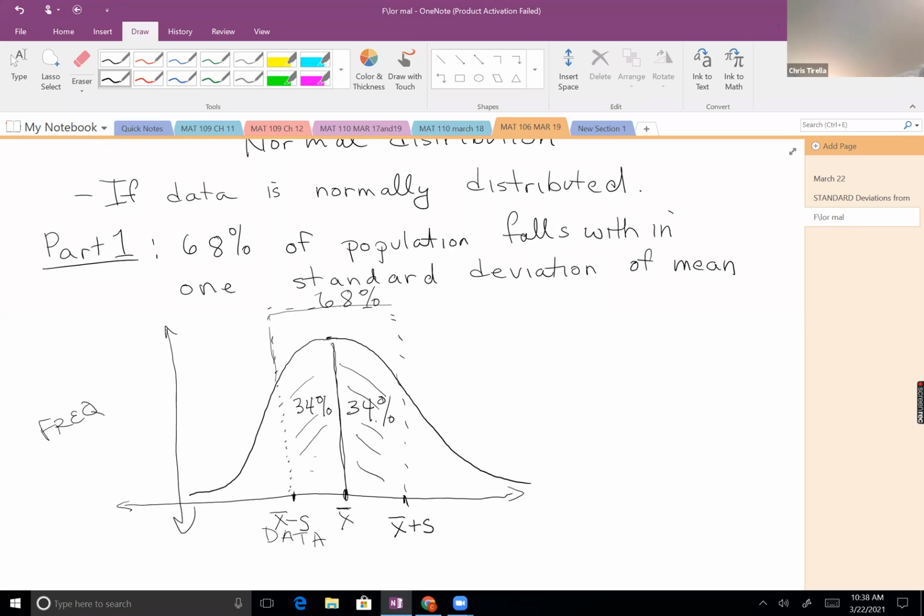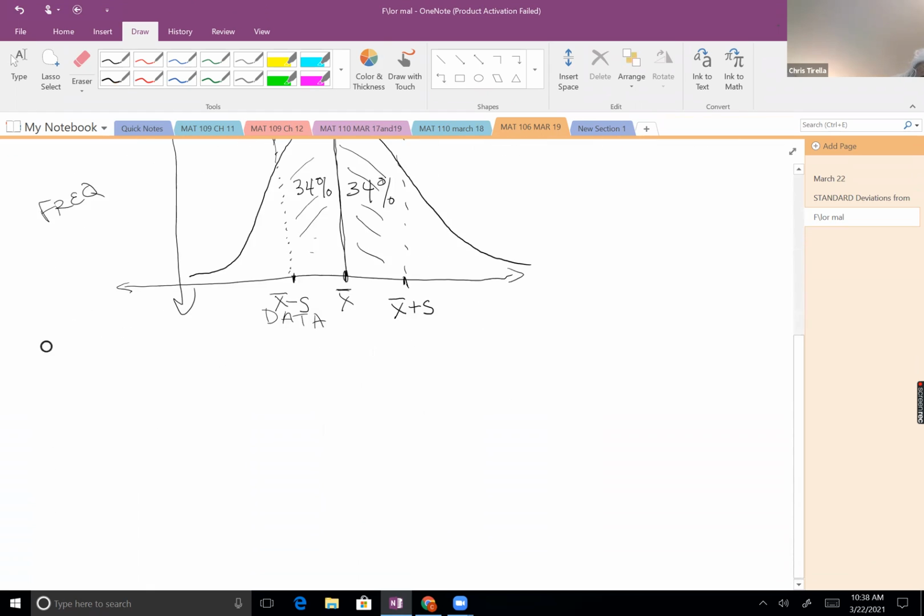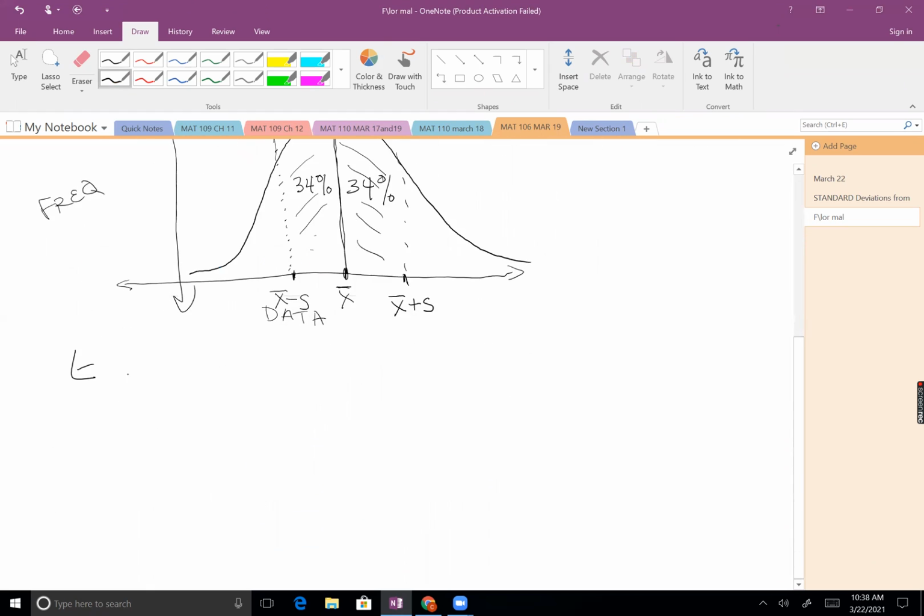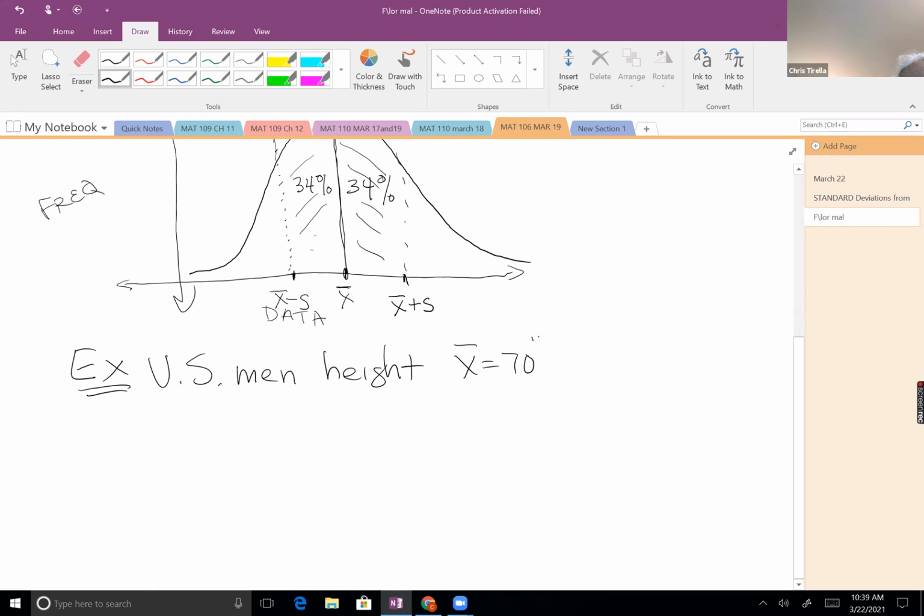So how does that look in practice? Can I scroll up? Is everybody all right? Yeah. If I look at that example with American men's height, we said that the mean is 70 inches and the standard deviation is 4 inches.